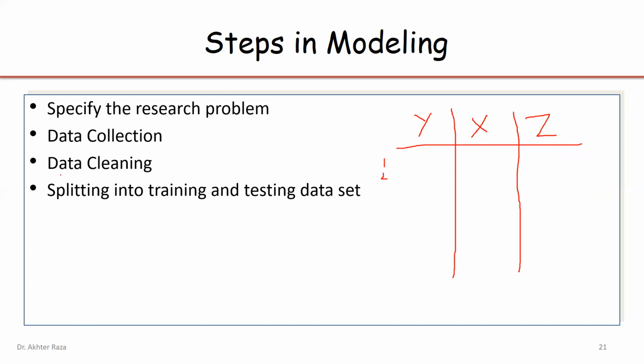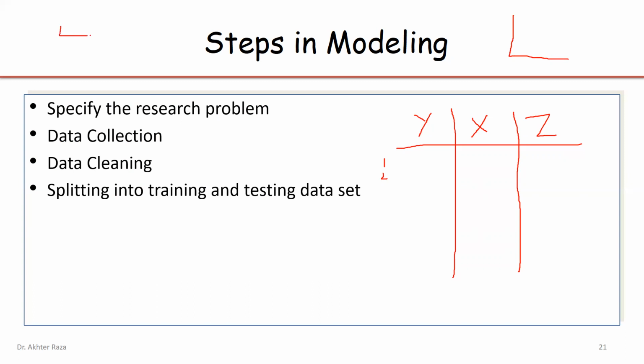After collecting the data, we have to clean the data. If there are some missing numbers in the data, you have to remove them. If there are some outliers or extreme values in the data, you have to remove the extreme numbers, bivariate outliers and univariate outliers. Bivariate outliers can be determined with the help of a scatter plot, and univariate outliers can be determined with the help of the box plot.